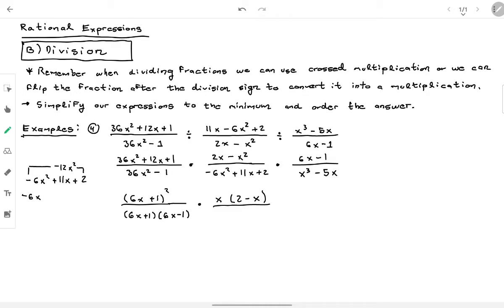So let's see, minus 6x squared, then it's going to be plus x, plus 2. So two numbers that when they get added, it's 11, when multiplied 12: 12 and 1. So we can take out a minus 6x here, and it's going to be x plus 2 minus x.